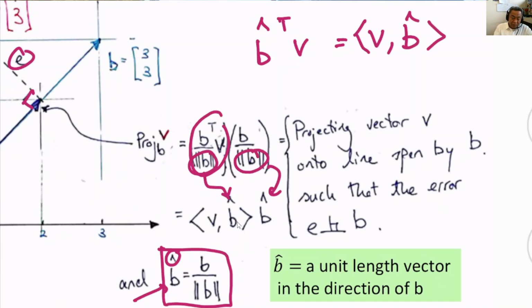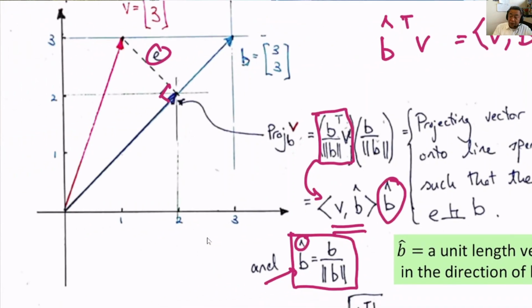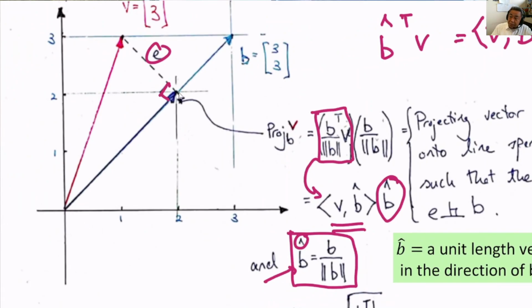So we can now change this very complicated expression into something simpler. This is v inner producting with b hat. This is what we're trying to let you understand now. This inner product gives you a scalar, and this is the scalar that is required to multiply by b hat to give you this point.